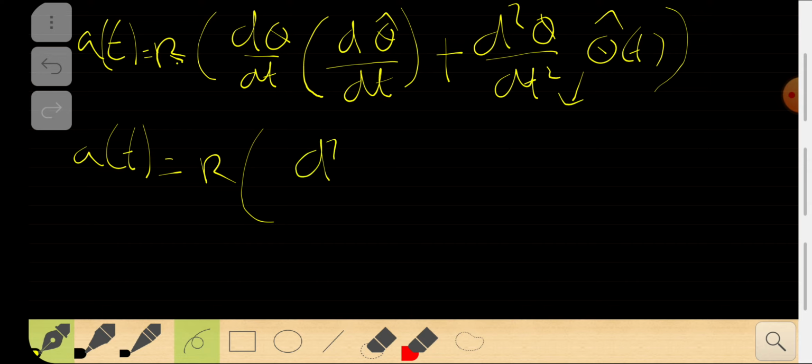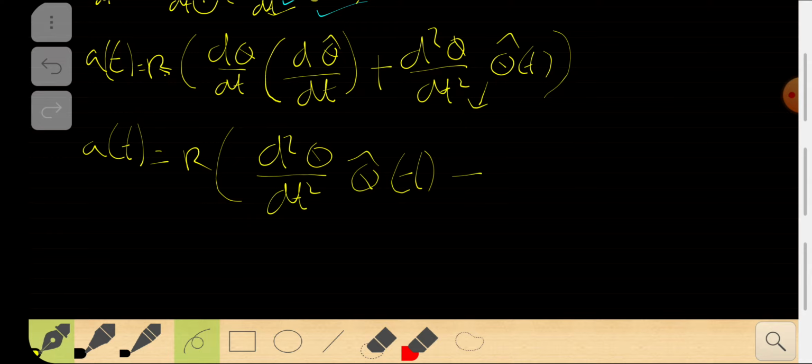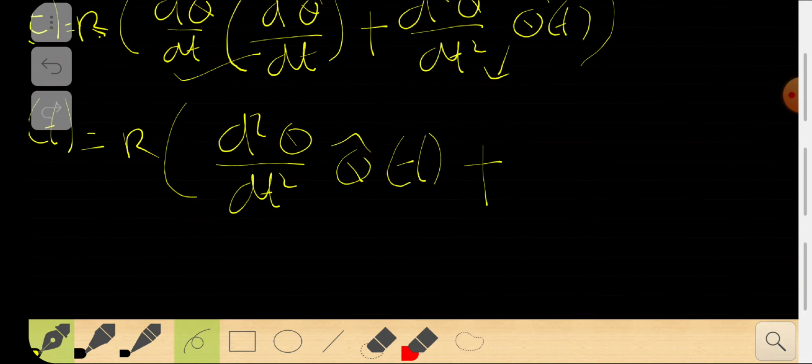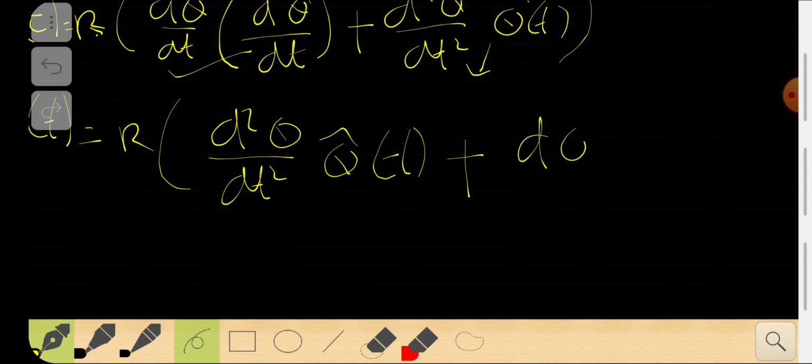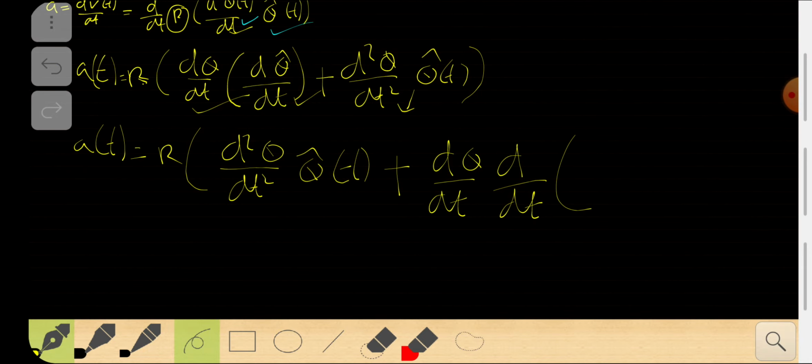So it's d square theta by dt square times theta cap of t, plus the second term, you have d theta by dt times d theta cap by dt. So this d theta cap by dt is d by dt of theta cap. Let's substitute theta cap back in this equation.